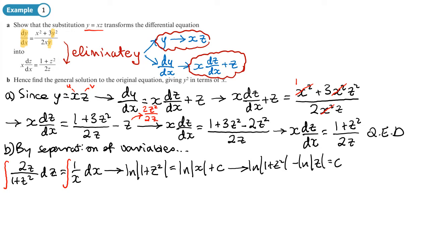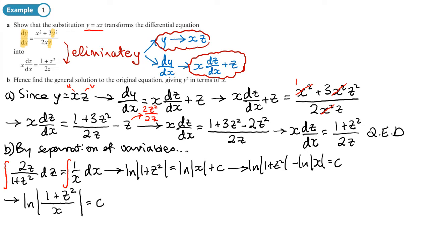When they're both on the same side, we can write this as the log of 1 plus z squared divided by z. So now we have the natural log of 1 plus z squared over, now I've just realised that should be x there, not z, over x, like this, equals c.